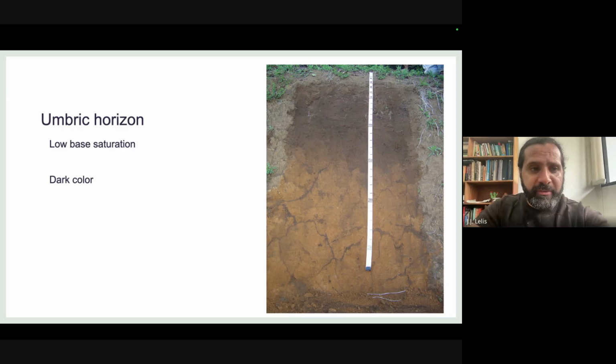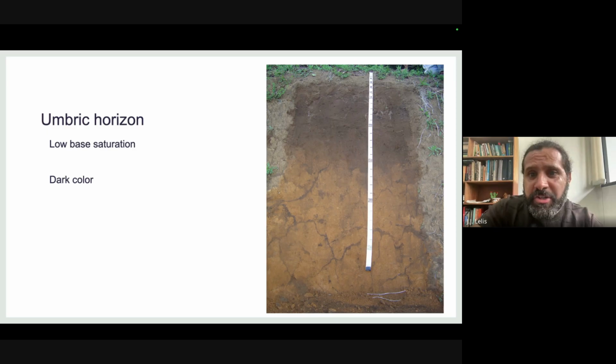So let's say that, for example, I have a climate condition that's not dry or not too wet to leach all the calcium in the system. So I have a soil with high content of calcium because the chemical weathering and the leaching are not so intense, and because of this, I can form some horizons that have high calcium content, okay, exchangeable calcium content.